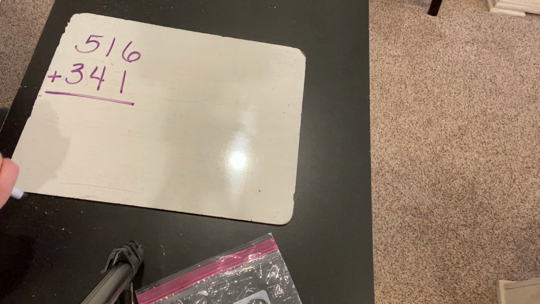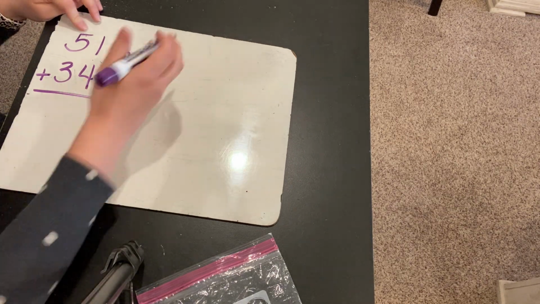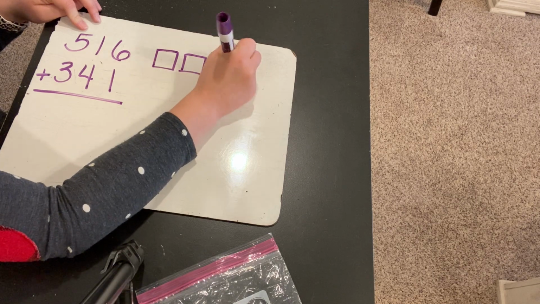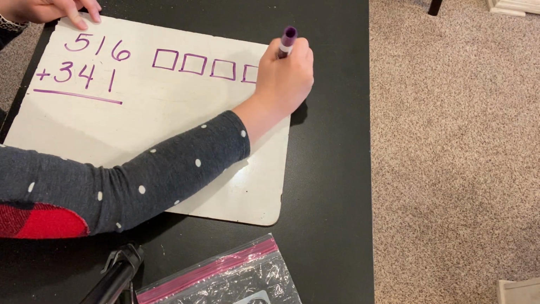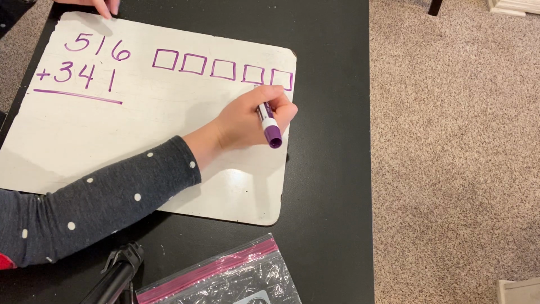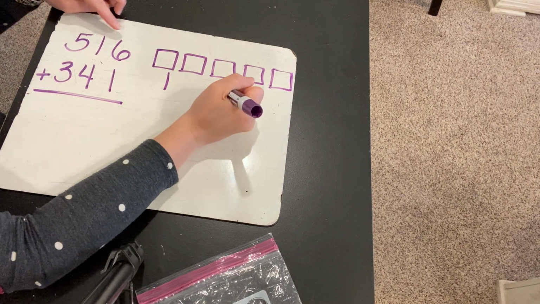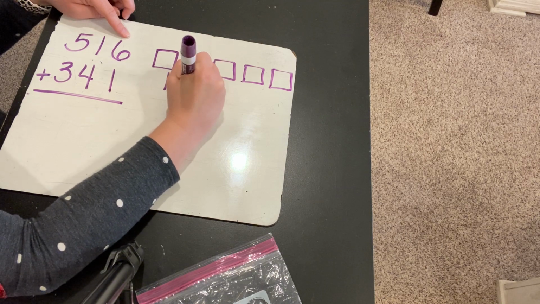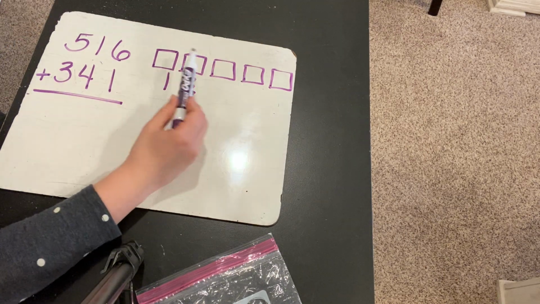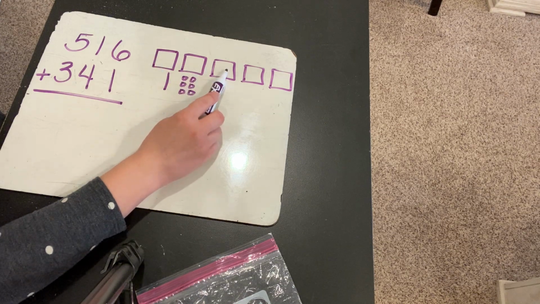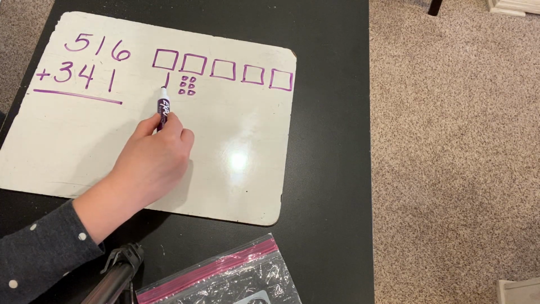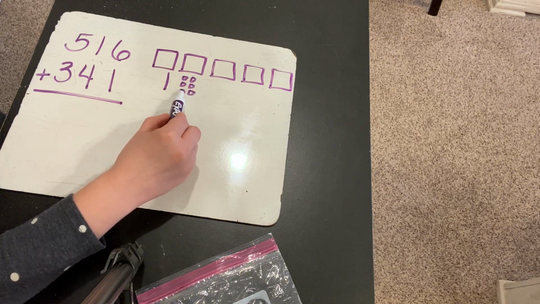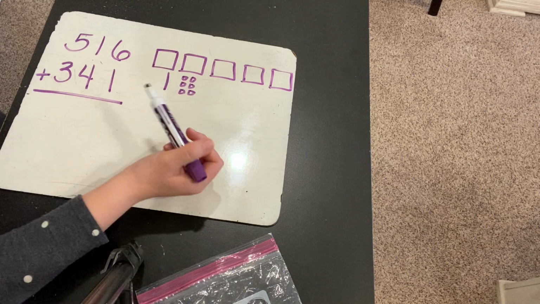Okay, so 516. We have 500, so draw out 500s. 1, 2, 3, 4, 5. I'm running out of room. And then your 1 10 and your 6 ones. Let's count this and make sure it's 516. 100, 200, 300, 400, 500, 510, 511, 512, 513, 514, 515, 516.